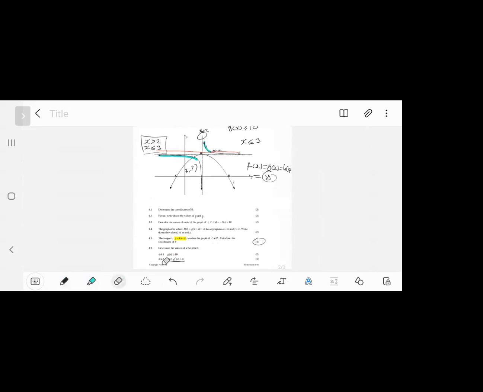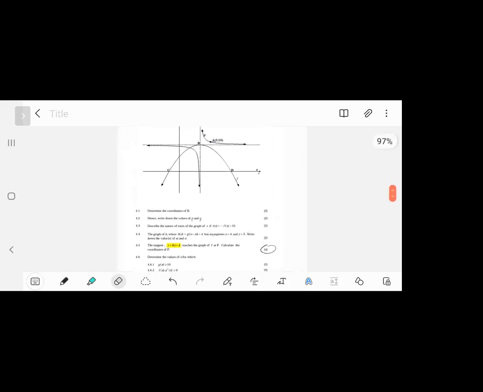Let me erase the things here. I'm solving it on my side as well. Can you please do it on your side?